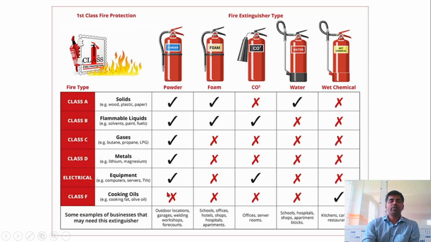The major reason we don't use it on cooking oil is that, since it is in powder form, it will easily coagulate, and the powder would also start getting burned up because of the oil condition. But for class A, class B, class D, and electrical, it tries to control the outer environment from entering the fire burning area.